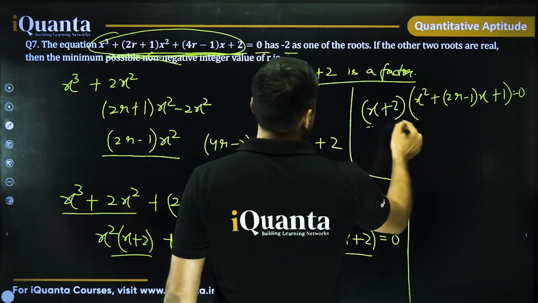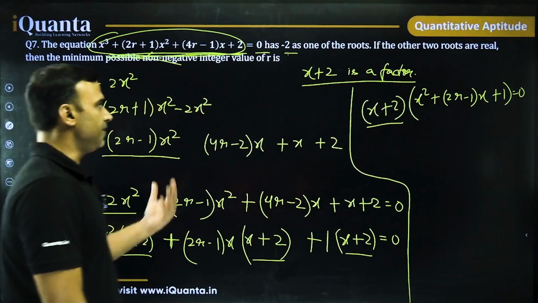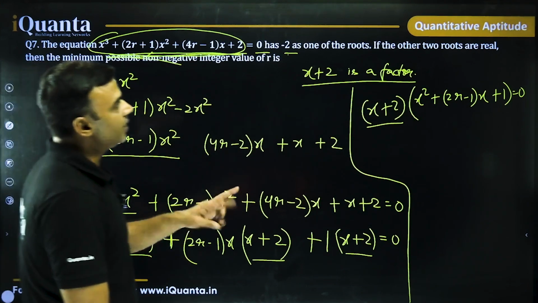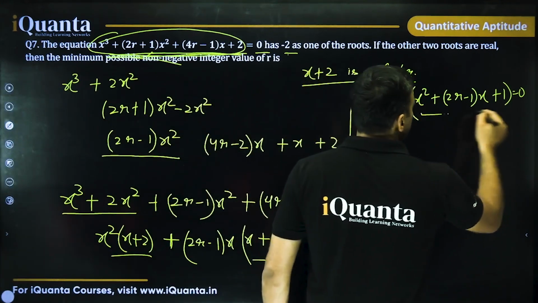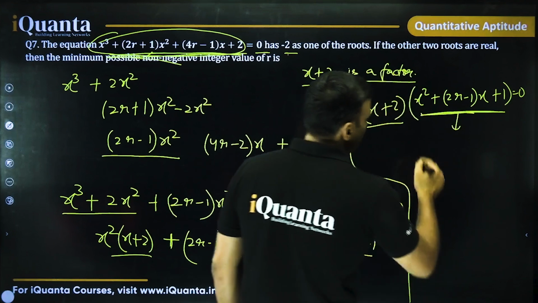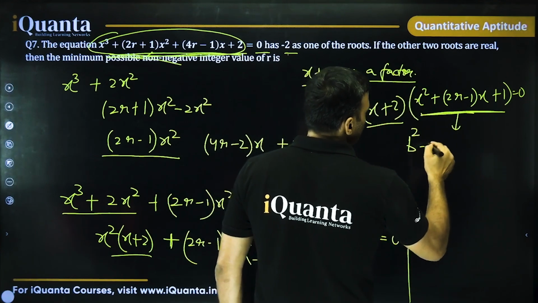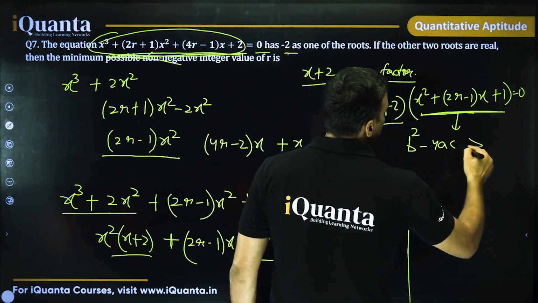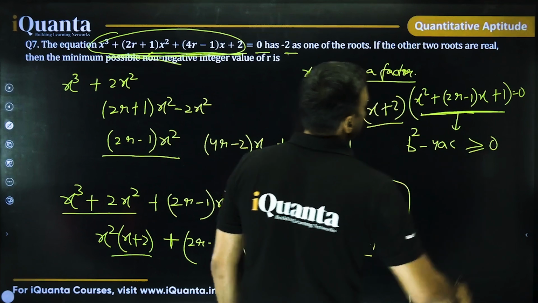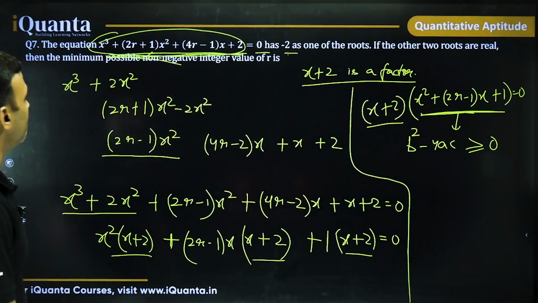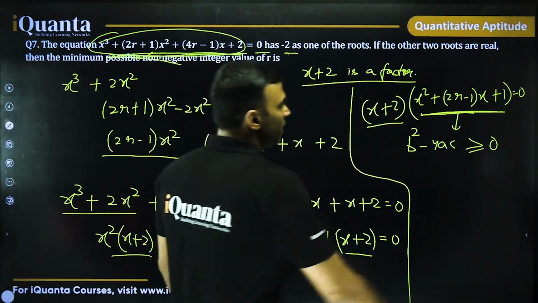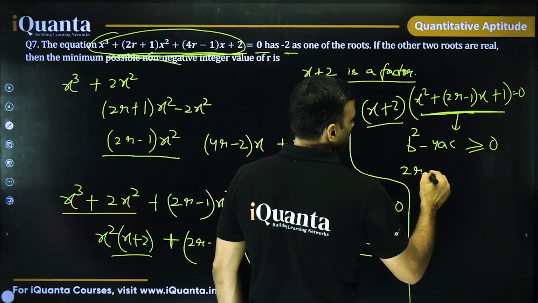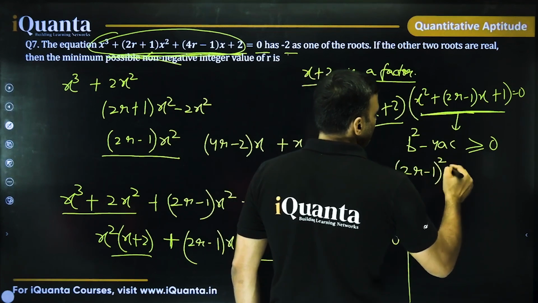Okay. Now x plus 2, from there we get a root. And we need the other two roots to be real. That means this is a quadratic equation. For the roots to be real, we'll apply the condition b square minus 4ac should be greater than or equal to 0. Other two roots are real. Okay. So b square, that is (2r minus 1) whole square minus 4ac.